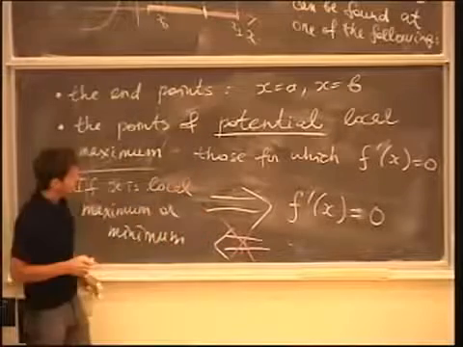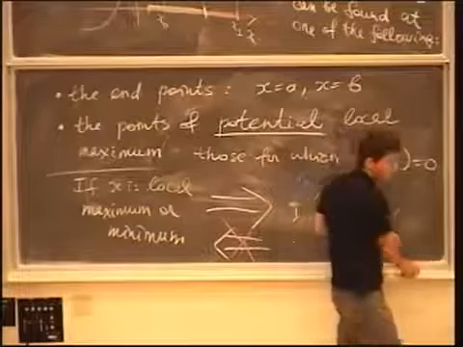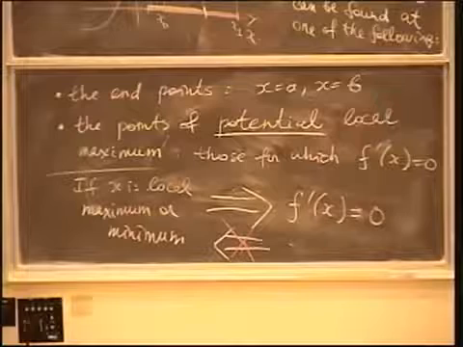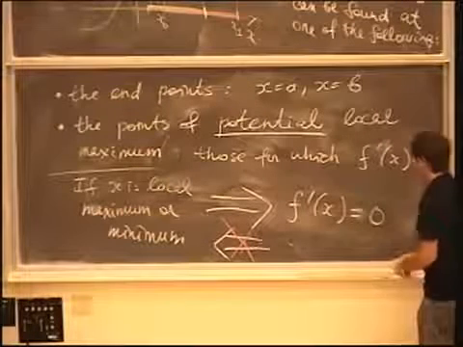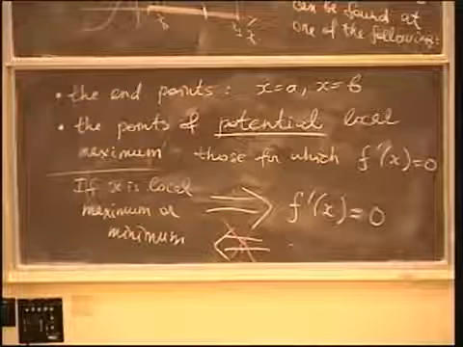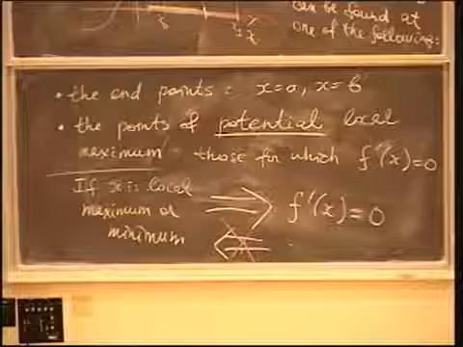In other words, if the derivative of your function at your point is 0, it doesn't mean it's an absolute maximum or minimum. The reason for that is the following. There's a very simple counterexample to this, namely the function x cubed.